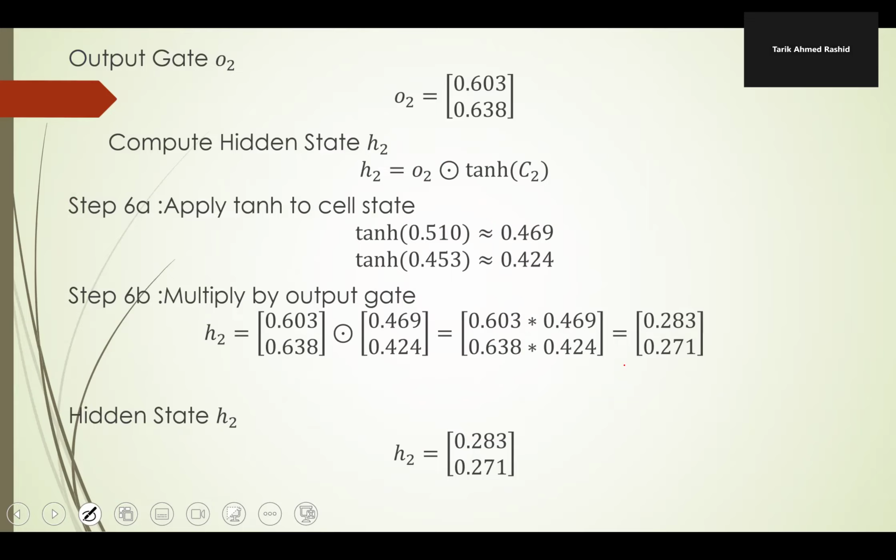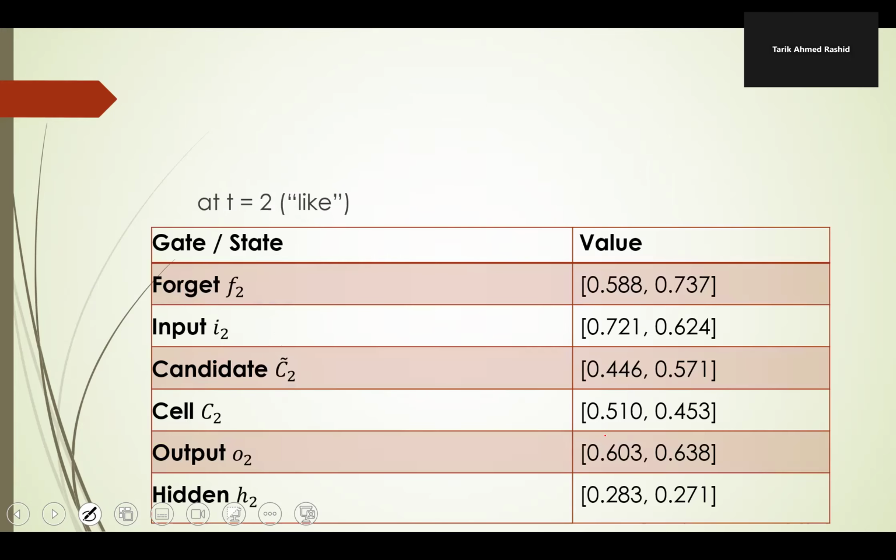That was found, and then the final equation: H2 equals output 2 at time step 2 multiplied by tanh of C2 at time step 2. They're all found; multiply them, and that's H2. So this is the result for the word "like."